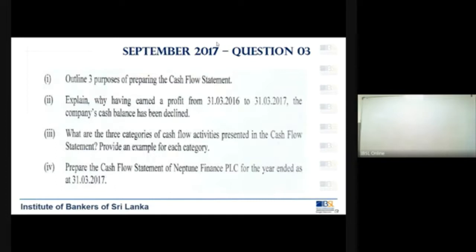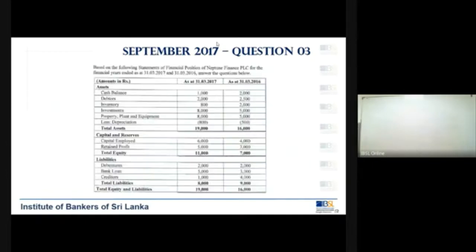Explain why, having earned a profit from 31st March 2016 to 31st March 2017, the company's cash balance has declined. Now let us look at this, where you see there is an increase in retained profit. You see, from 3,000 it has gone up to 5,000, the retained profit.